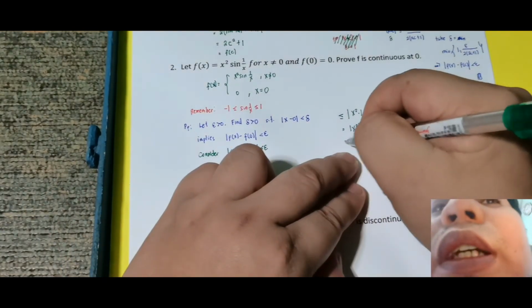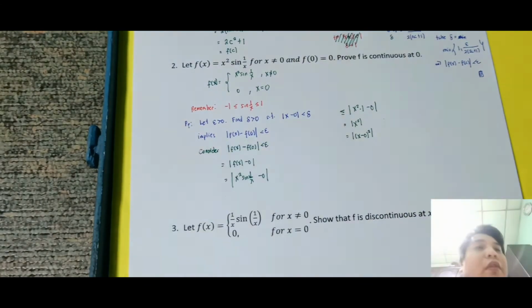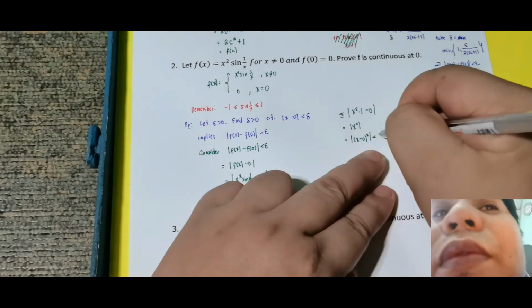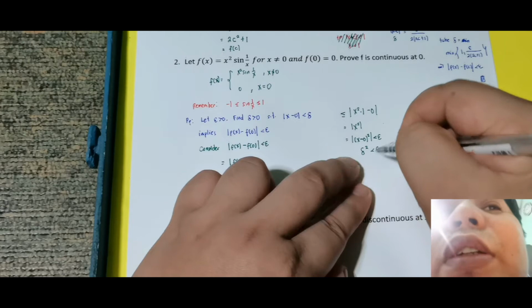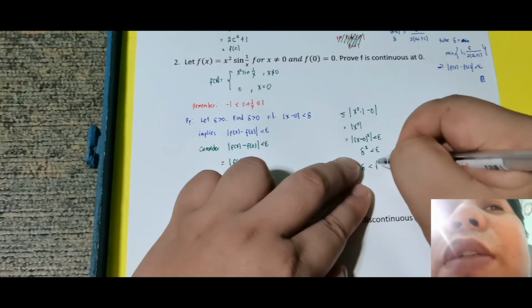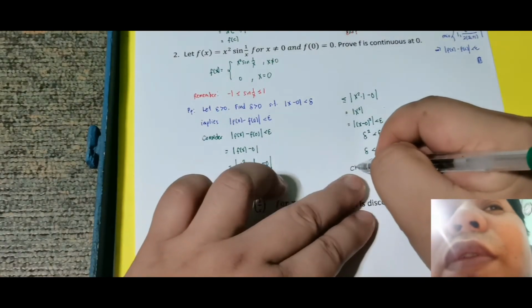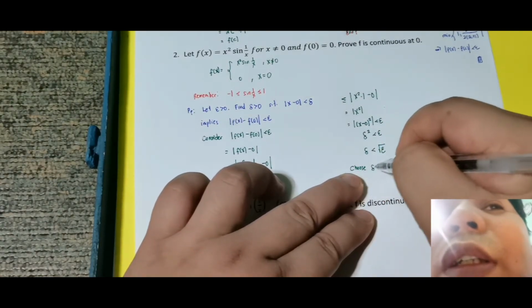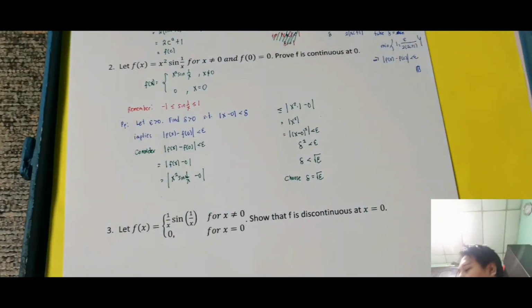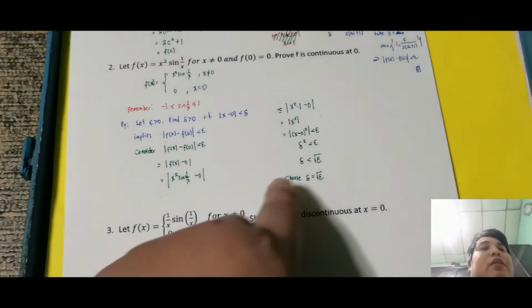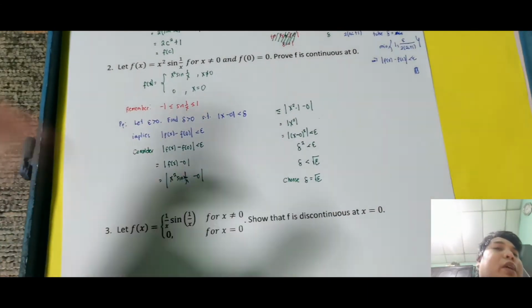So, this is equal sa absolute value ng x minus 0 squared, in which this is less than epsilon. So, note that this is delta squared less than epsilon. Therefore, delta is less than square root of epsilon. So choose delta to be square root of epsilon. Nakahanap na tayo ng delta, which is greater than 0 kasi square root of epsilon yun, sobrang liit niyan.